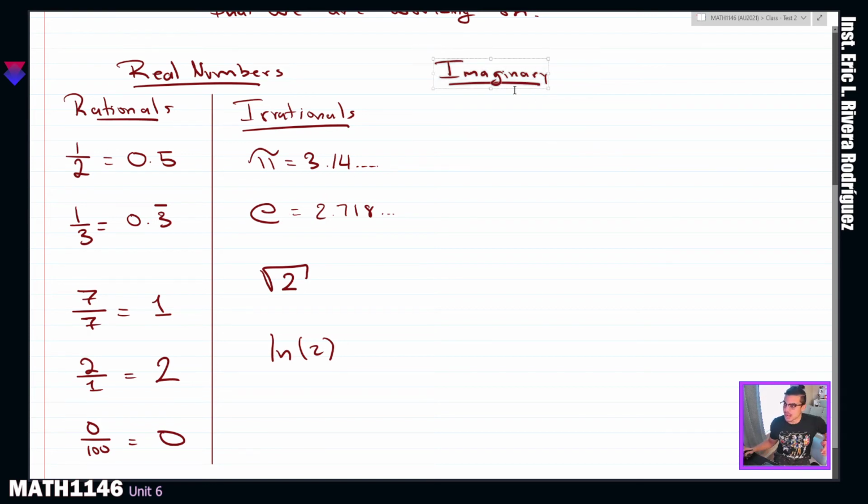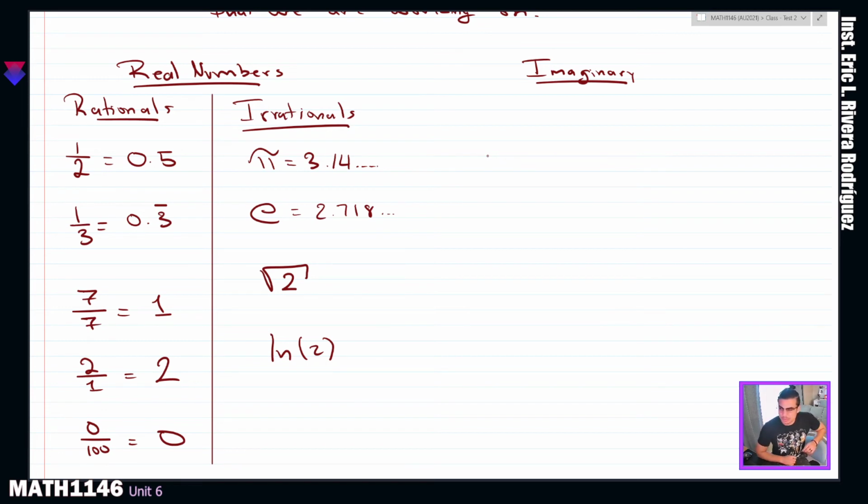On the other hand, we have imaginary numbers, and only the name can throw you off, right? Well, maybe we are doing some kind of magic here in math. No, that's not the case.